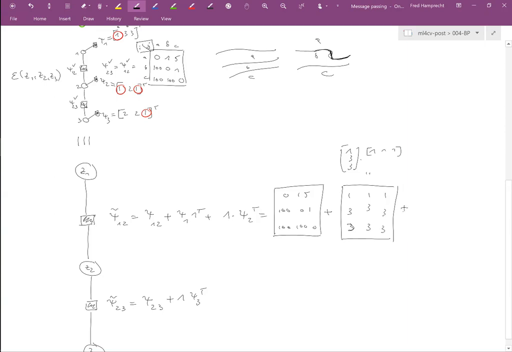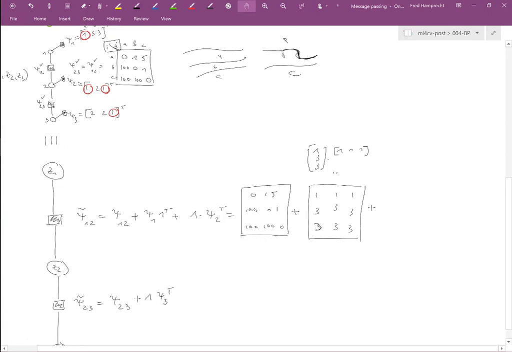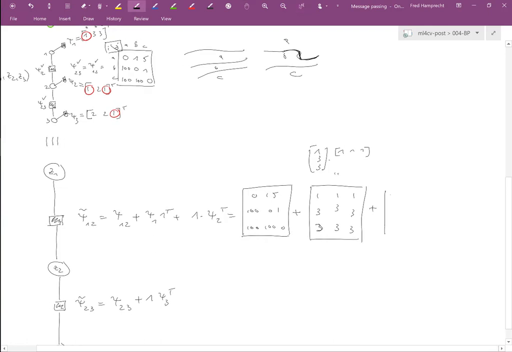This was the first unary potential that I've added here, and now we have also a matrix for the second unary potential, which is a column vector of 1s multiplied with the second potential, which was 1, 2, 1.